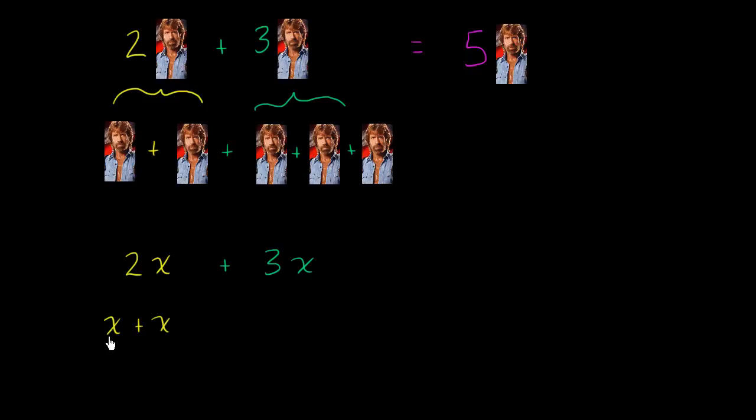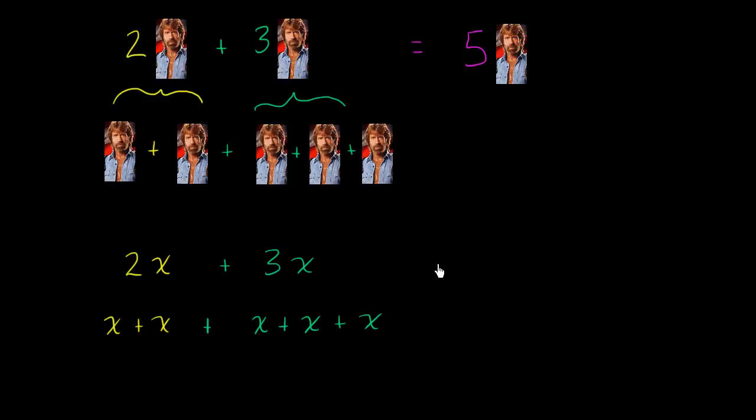We don't know what the value of x is, but whatever that value is, we can add it to itself. And then 3x's are going to be that value plus that value plus that value. So how many x's do I now have? Well, I'm going to have 1, 2, 3, 4, 5 x's.